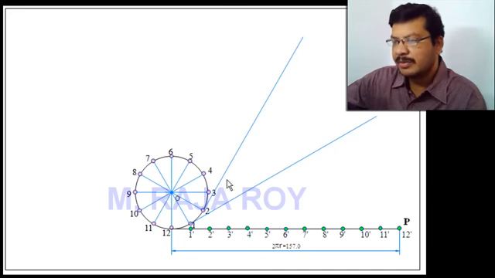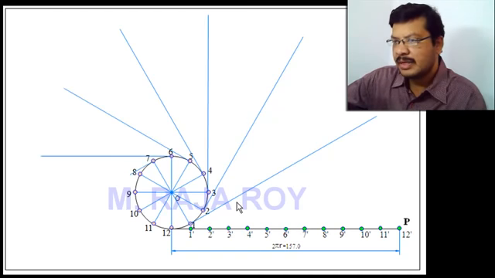Then automatically that will become the tangent to the circle. In the same way at point 3 also you draw the tangent, at point 4, and repeat the procedure up to point 11. Already at point 12 tangent is this line. Something like this, you draw the tangents at all the points on the circle.